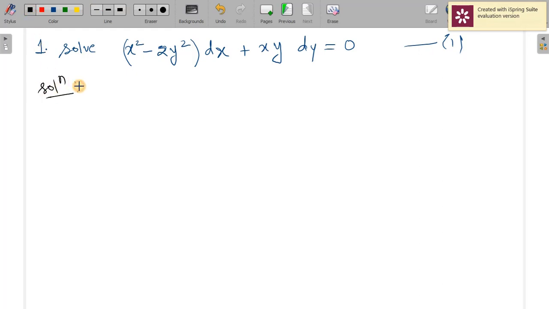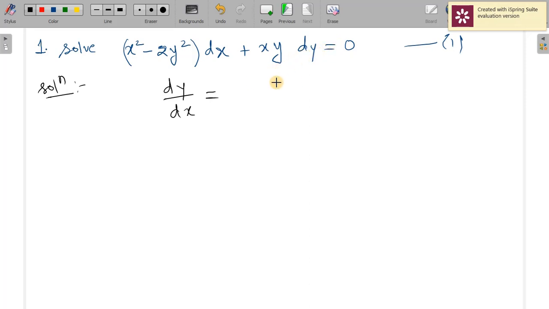First, I will put this in the required form, that is dy by dx is equal to something. If I take this dy to the other side, we will have here minus xy dy, so the dx will come down.